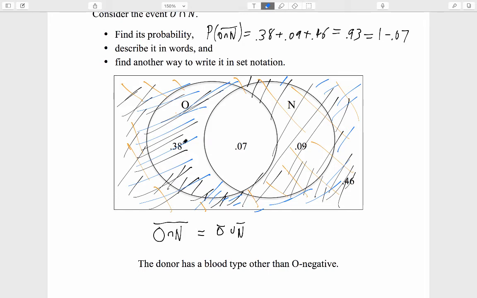Right here we have blue shading, here we have orange shading, and here we have both. So O complement, union, N complement consists of all the basic regions that have blue shading or orange shading or both, and lo and behold, those are exactly the same 3 basic regions as in our original event that's shaded here in black. That's enough right there to argue that these really are the same event.